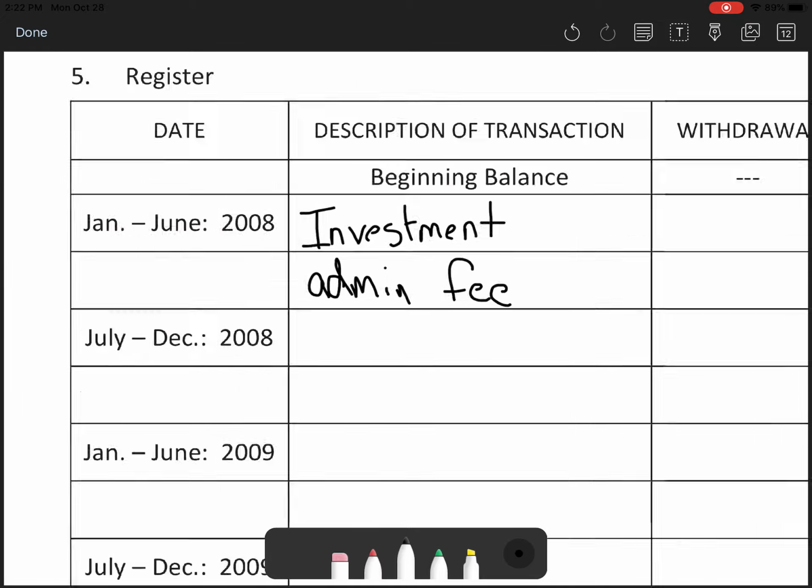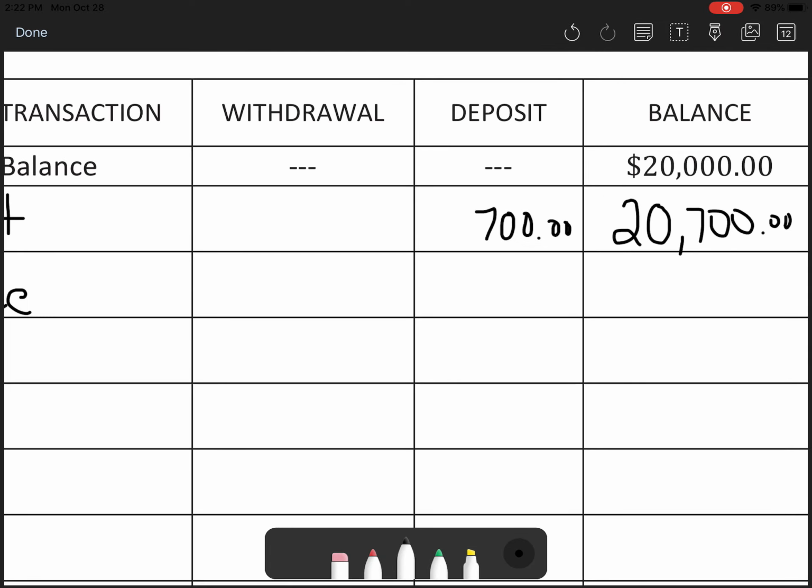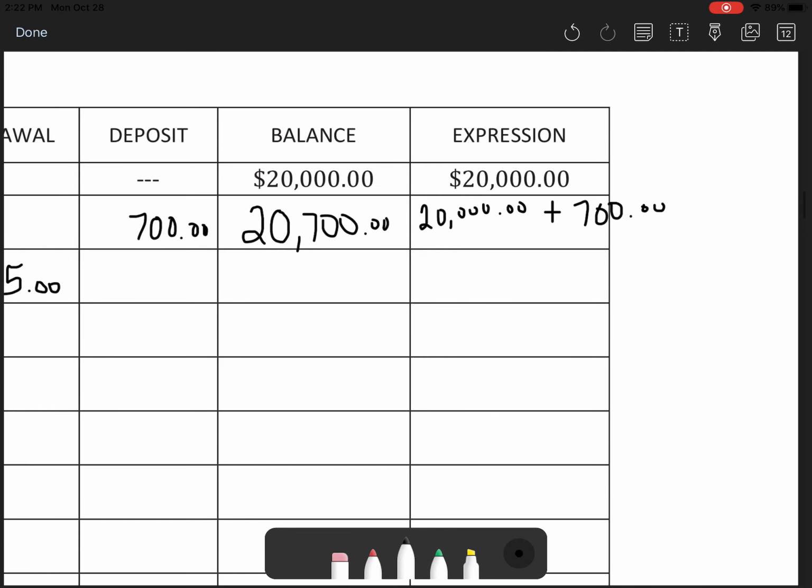My admin fee is $15. I am paying that $15. It's going to be withdrawn from my account. So my expression will be my previous balance, $20,700, plus what was before.